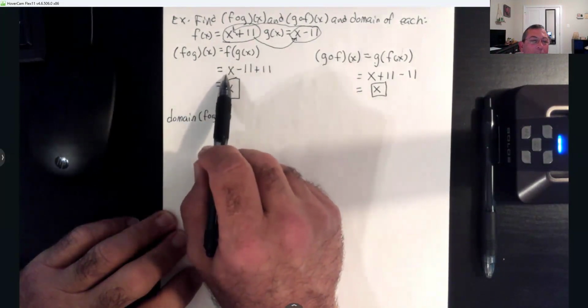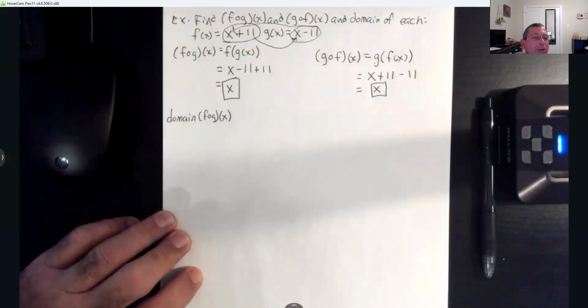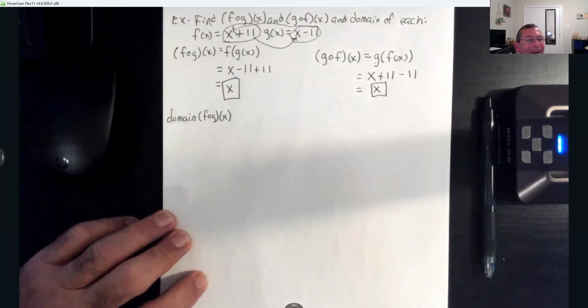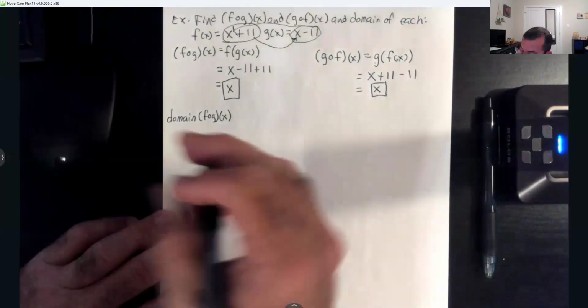Remember, what's the only thing we were worried about on our domains? Yeah, Jackson, good job, because we have no fractions. If we don't have a fraction, our domain is all real numbers.